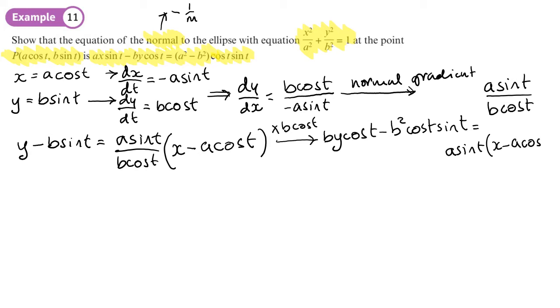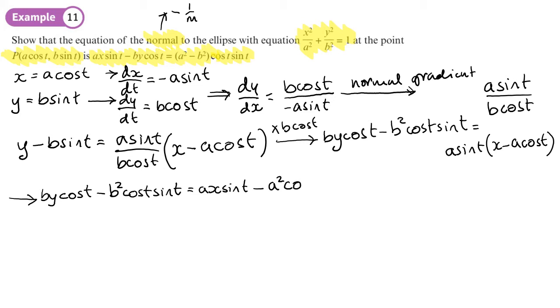So the next step now would be to expand those brackets on the right hand side. So by cos t minus b squared cos t sine t equals ax sine t, so just expanding the brackets on the right there, minus a squared cos t sine t.